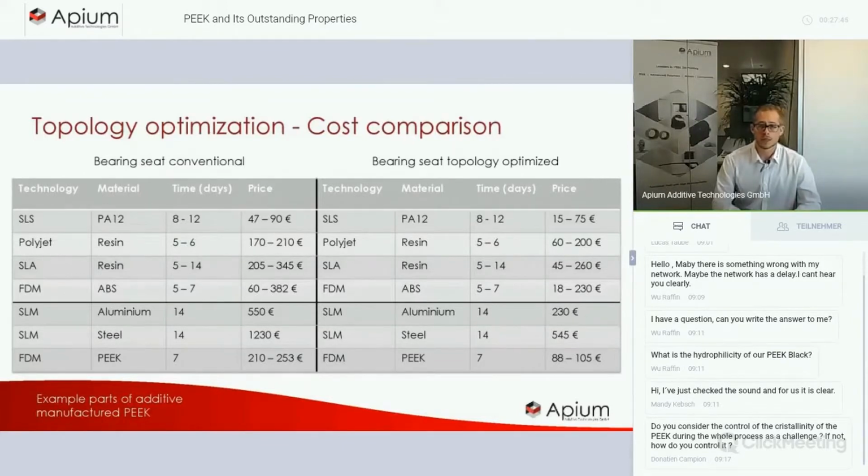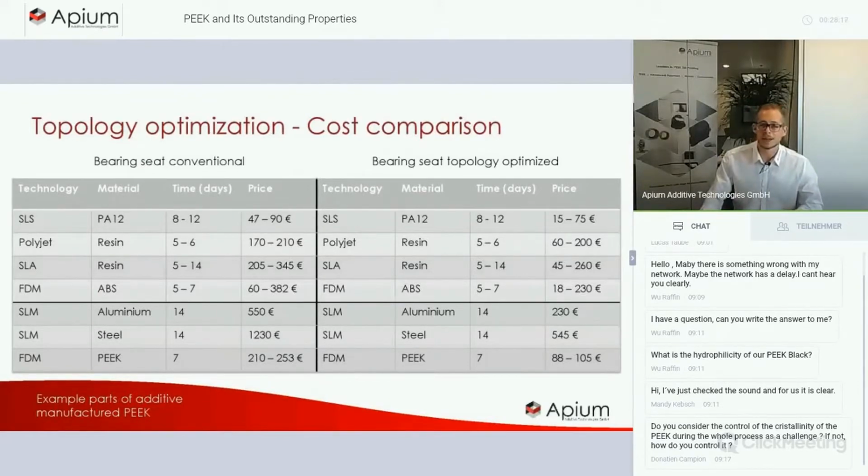But long story short, what we can see here on the right side is the FFF printing of PEEK of this topology optimized seat is only half the cost, which means this topology optimization is not only material saving, but is also cost saving for most of the applications. This is the basic outline of this comparison.